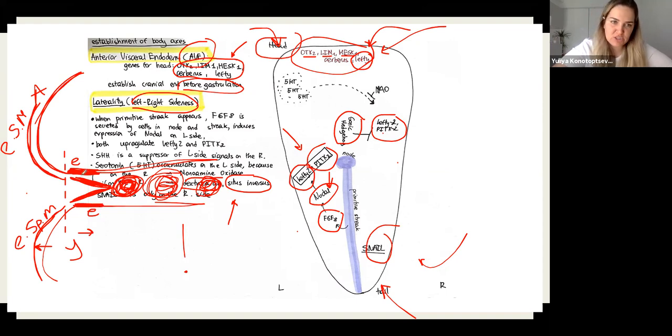So as a result, we just said the lateral plate is the V shape. That part of the V, which is closer to the splanchno, will be called intra-embryonic splanchnopleuric mesoderm. Another name for this one is the visceral mesoderm. This part of the V, which is closer to the somato one, do you see they're continuing with one another? You're going to call it intra-embryonic somatopleuric mesoderm, another name parietal mesoderm.